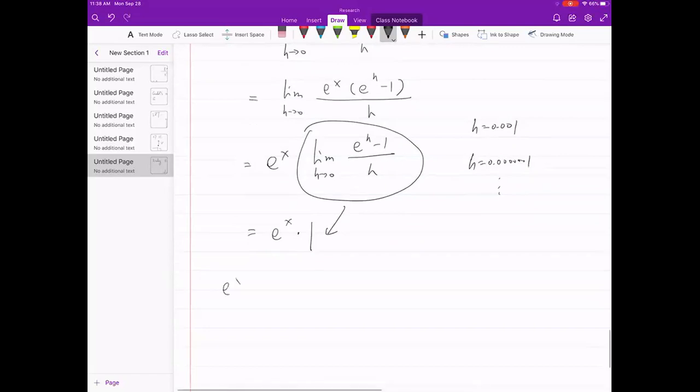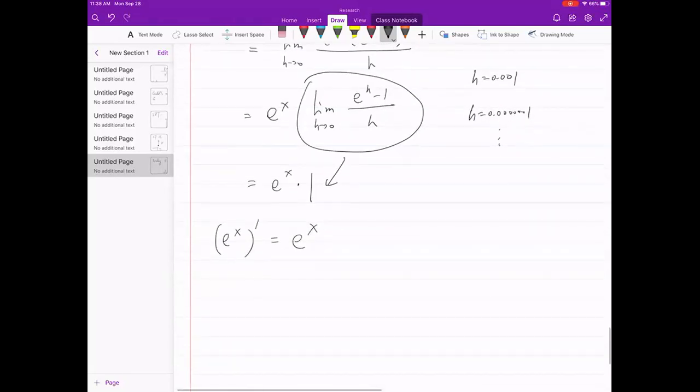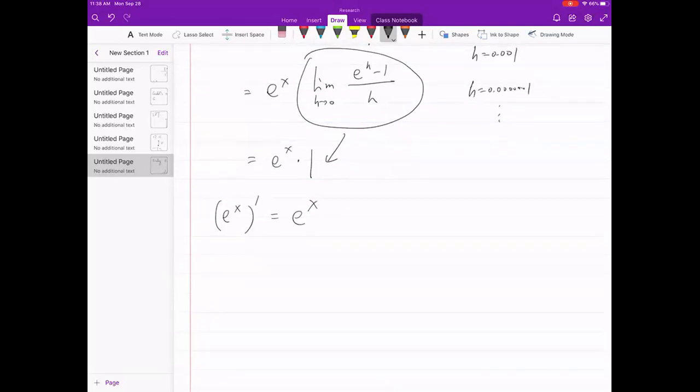Then the derivative of the exponential function with a natural base is itself. That's the formula. Memorize it.